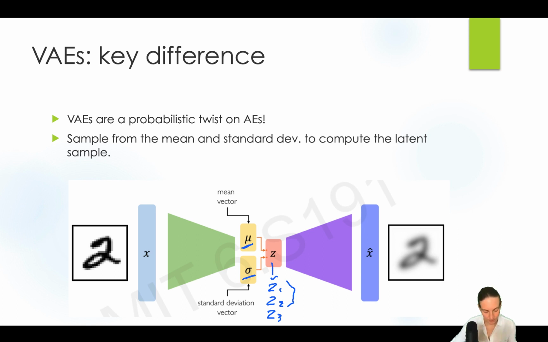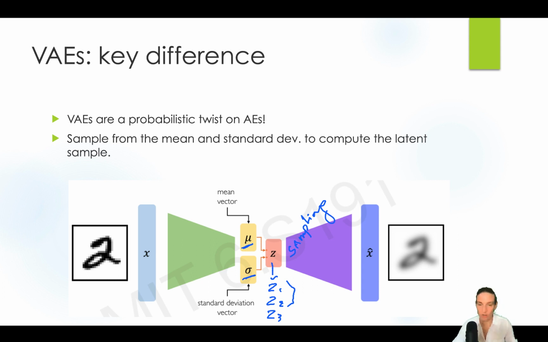In the decoder, what we're going to be doing now is sampling from these distributions. So it's no longer deterministic. We're actually estimating or sampling our reconstructed image.